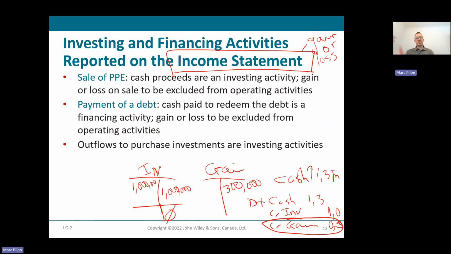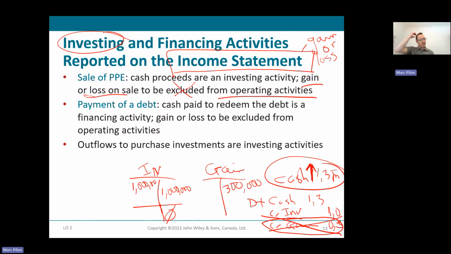When I prepare my statement of cash flow, I need to back out the gain. It's a non-cash item. What's included is the cash. The full 1.3 is included in investing activities as a cash receipt. So the gain or the loss is a non-cash item that gets excluded from operating activities.